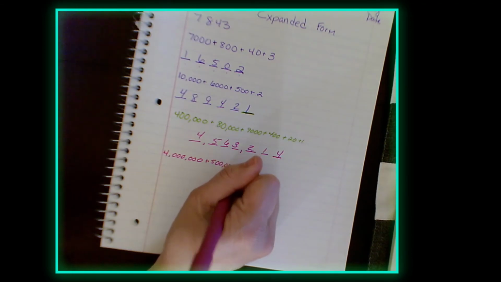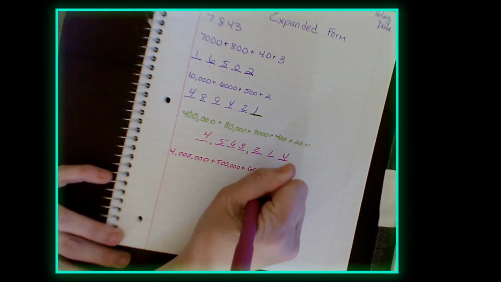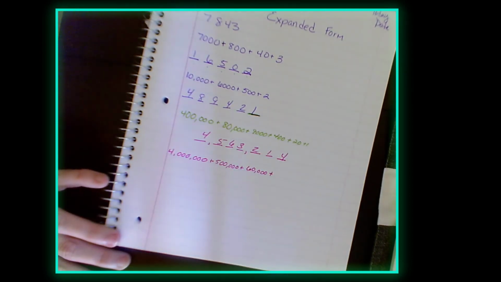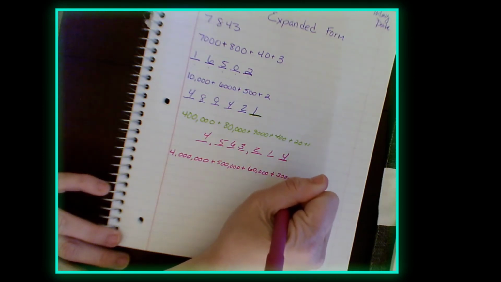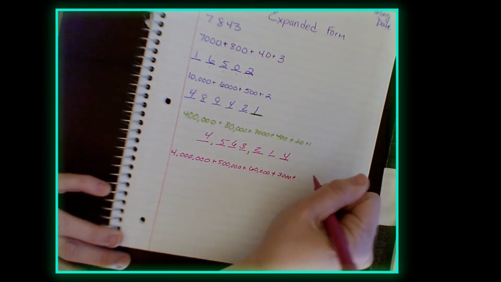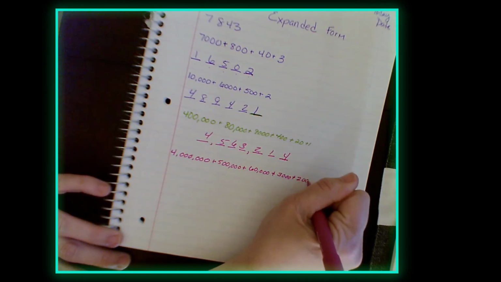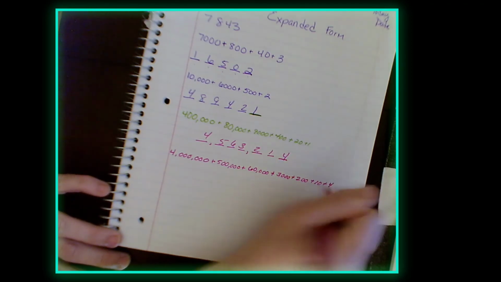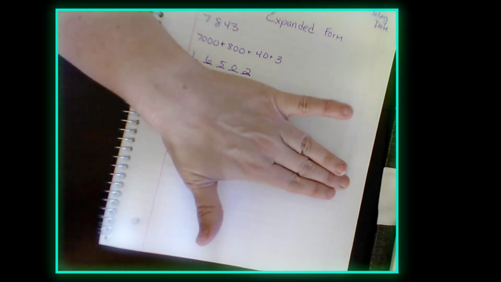Little tiny plus. The 6 means 60,000. The 3 is thousands, so it's 3,000. Then you have 2, which is hundreds, so 200, plus 10, plus 4. Again, the larger the number, the more you expand it.